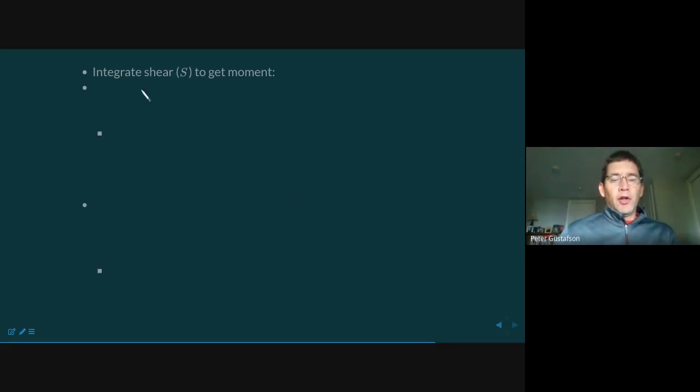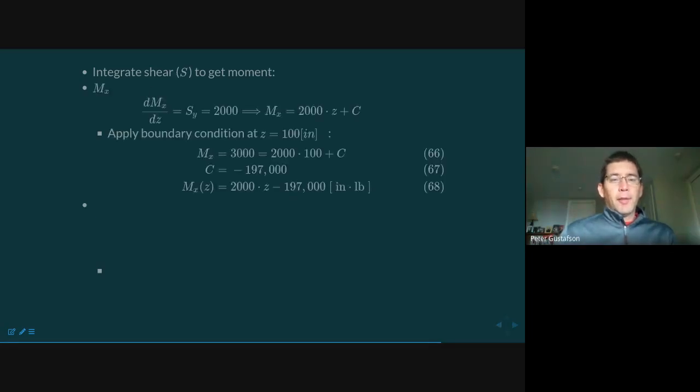Okay, now keep in mind another equation that we derived was this one, that is dMx/dz is equal to the shear force. We now know the shear force is a constant, 2,000, so we can integrate and get moment. So Mx is 2,000z plus a constant.